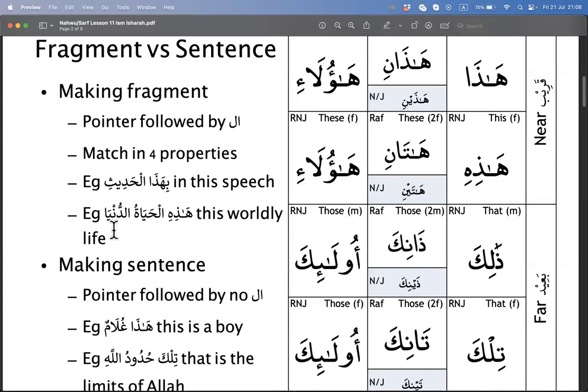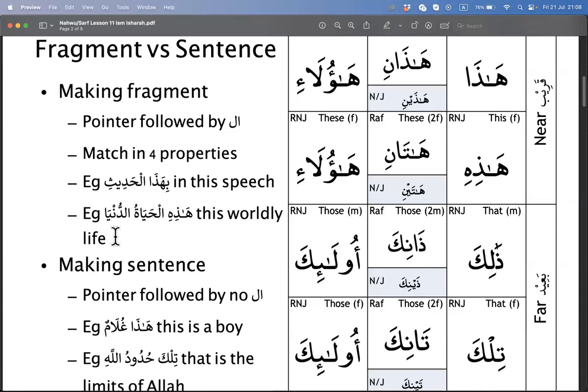What about ad-dunya? Do you still remember this? What's the status of ad-dunya? Nasab. Why nasab?